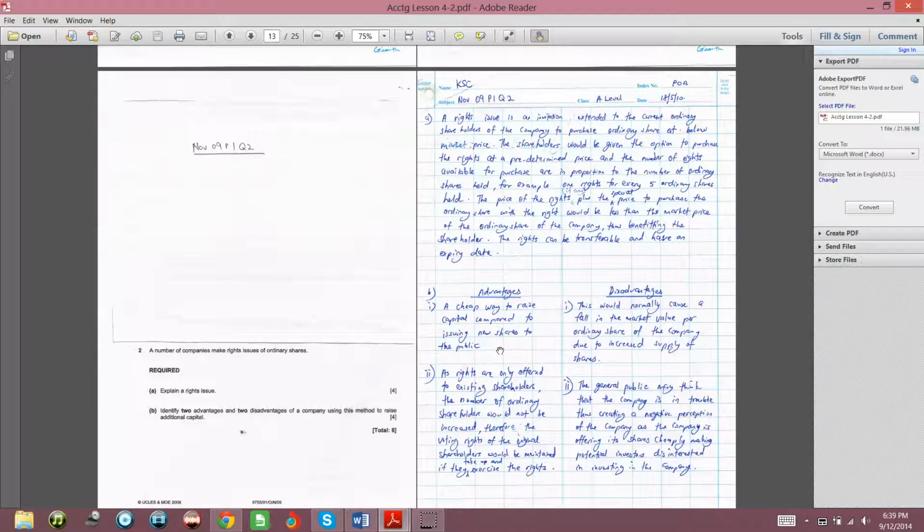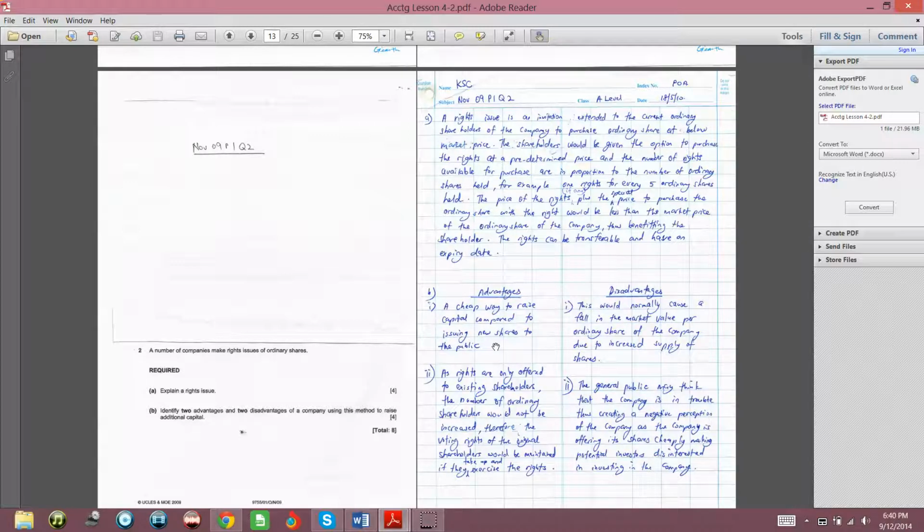So if yours is a public listed company and you want to issue new shares to the public, it's very unfair if you just ask anybody in the public to buy shares in your company when people don't know about your company, correct? They don't know what this company is about.